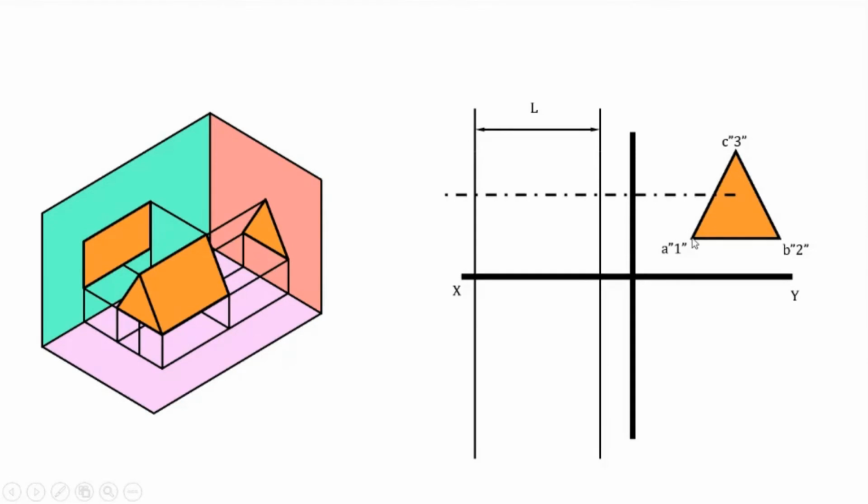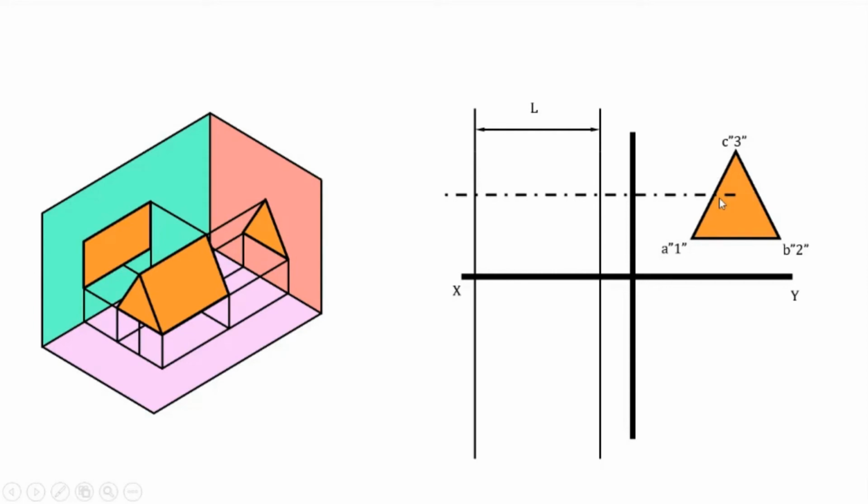By a line joining this corner A double dash to the midpoint of B double dash C double dash, and from B double dash to the midpoint of A double dash C double dash.